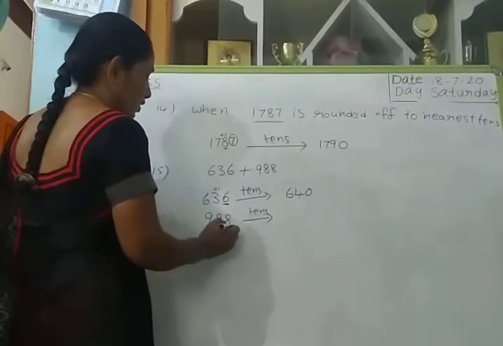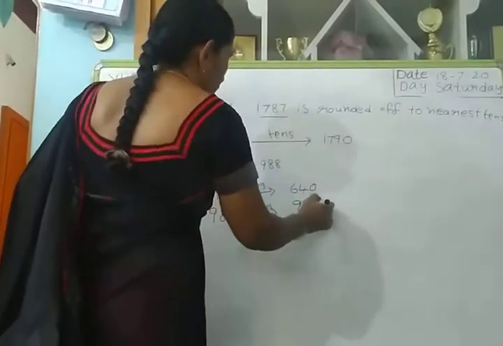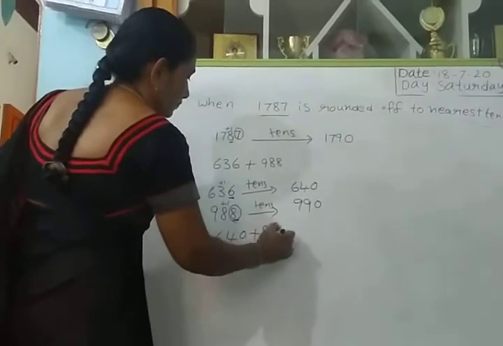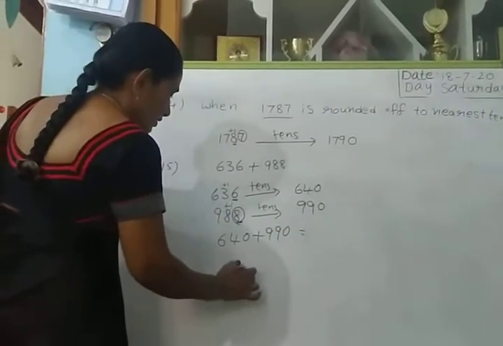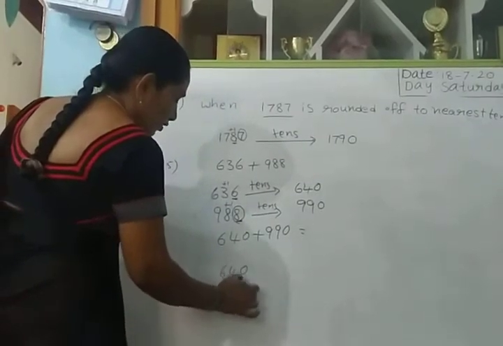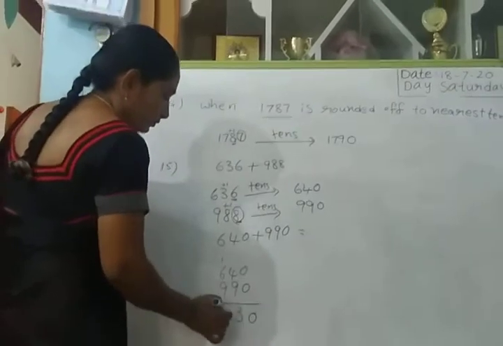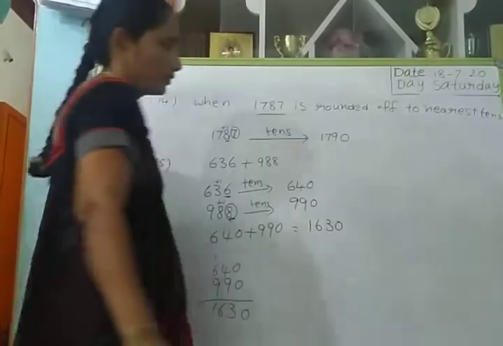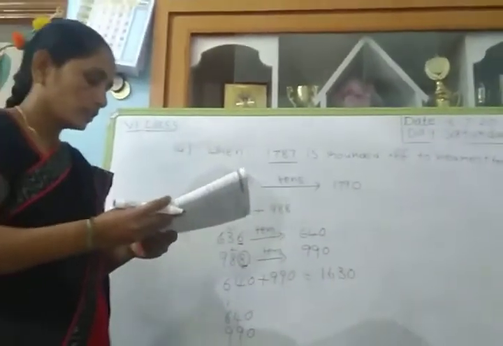Tens place if you round off, the ones place 8, add 1. So 988 becomes 990. Now if you add both, 640 plus 990, what will you get? 0, 9 plus 4 is 13, 16. 1630. Option A. Next, 16th question.